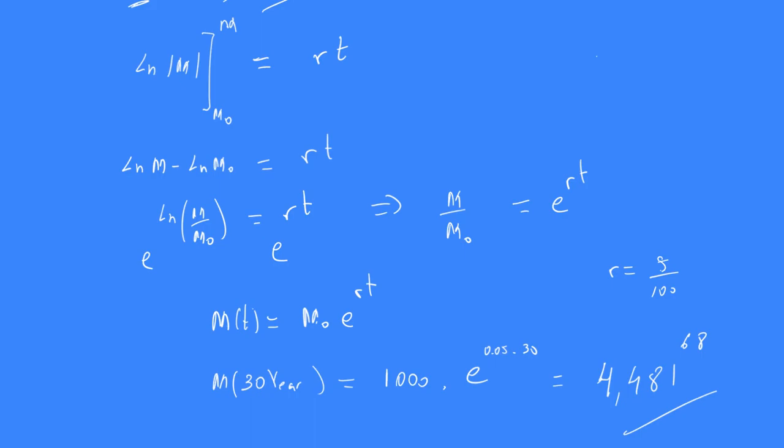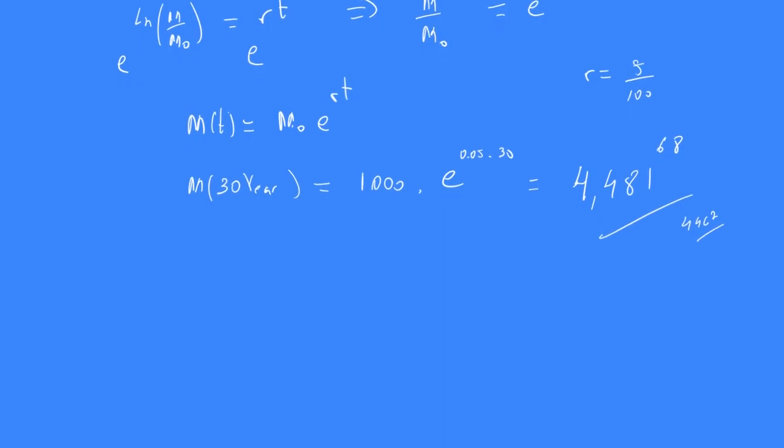If I compound the money not continuously like here, but per month, the amount of money was 4,400 something. Let me check. Yes, it was 4,467. Okay, it's a little bit more money. So let me represent the curve.